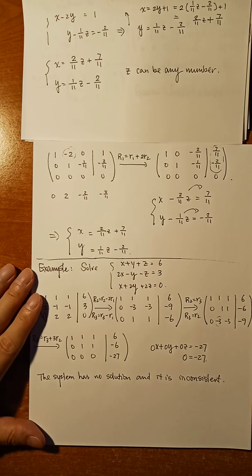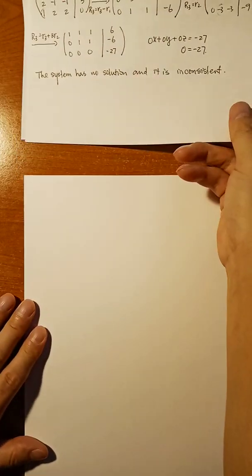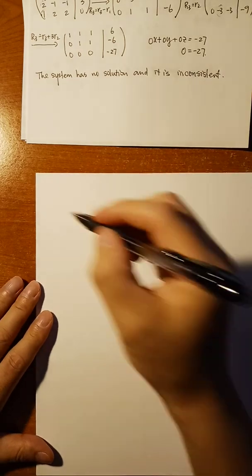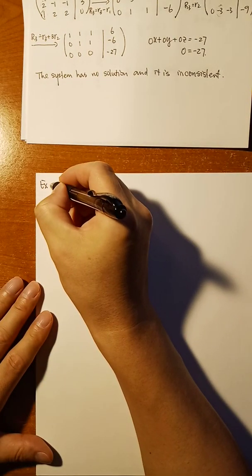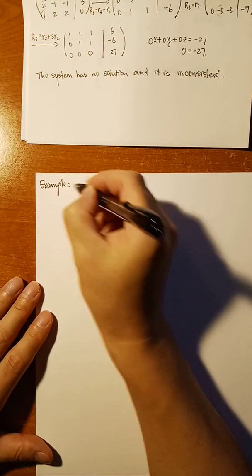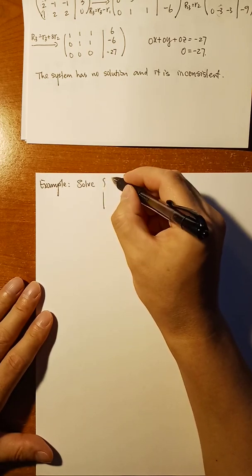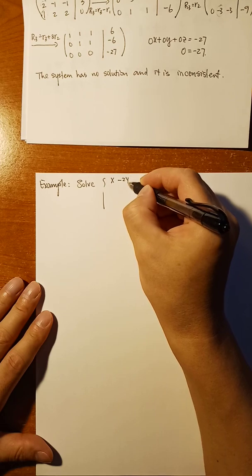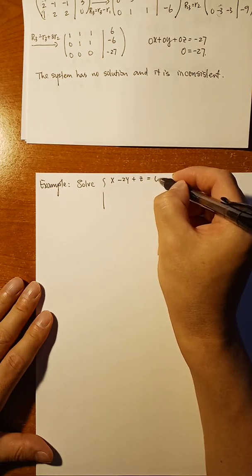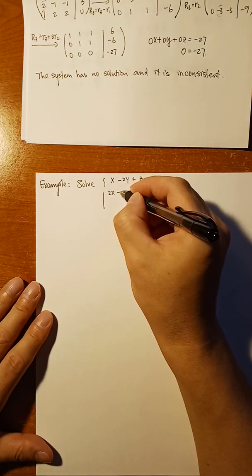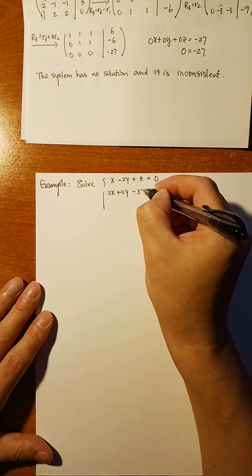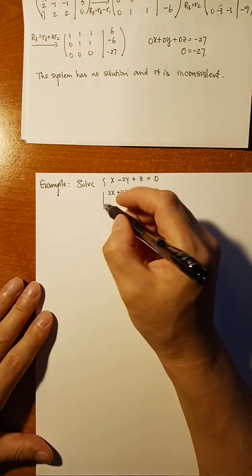Now let's see more examples. Okay, we have x minus 2y plus z is equal to 0. 2x plus 2y minus 3z is equal to negative 3.